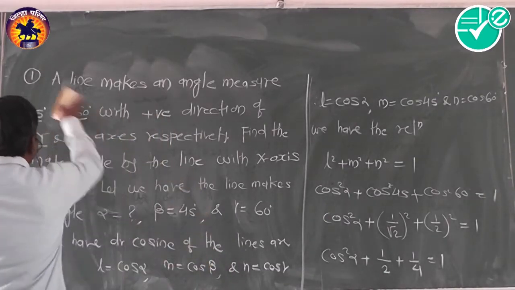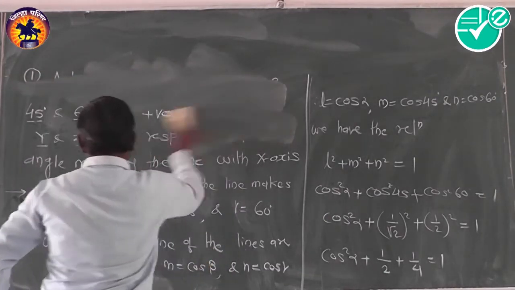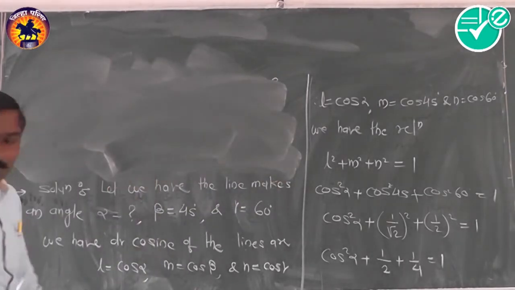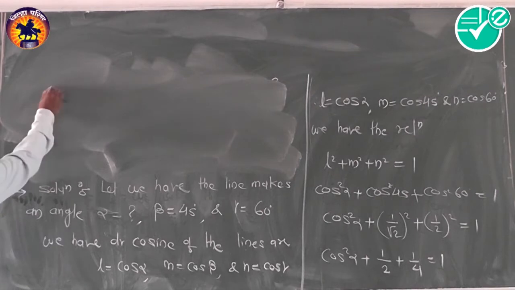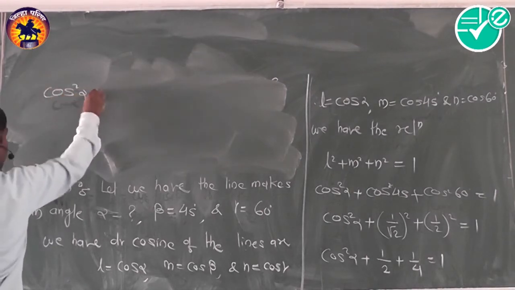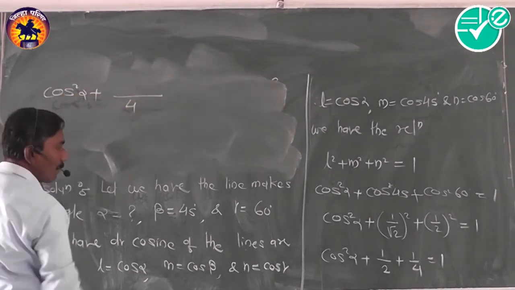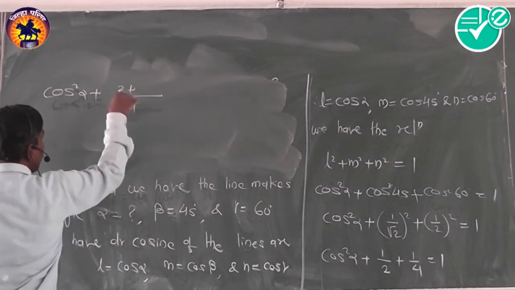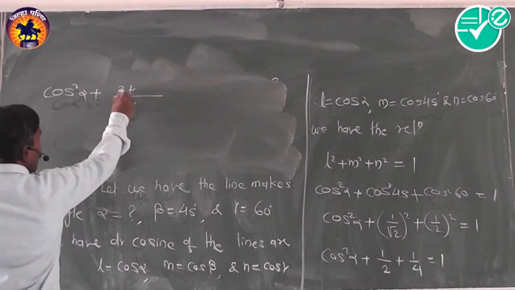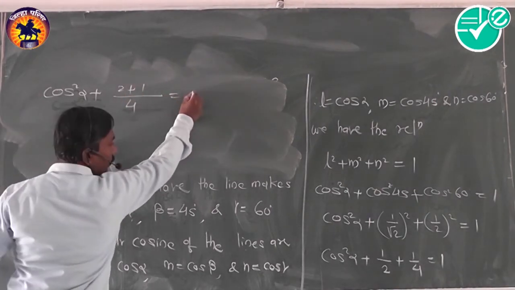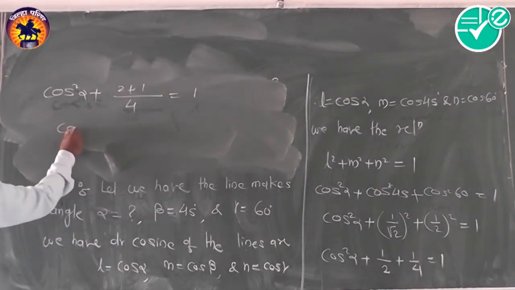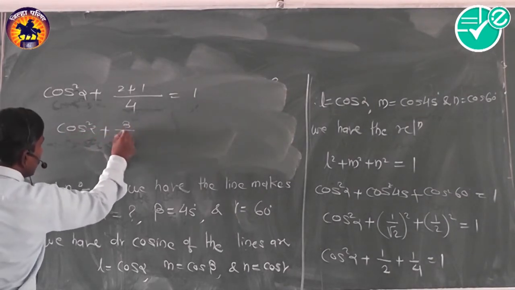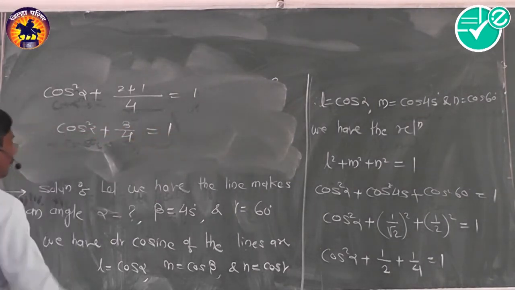Taking LCM 4, 2 plus 1 is 3. Therefore cos square alpha plus 3 by 4 is equal to 1.